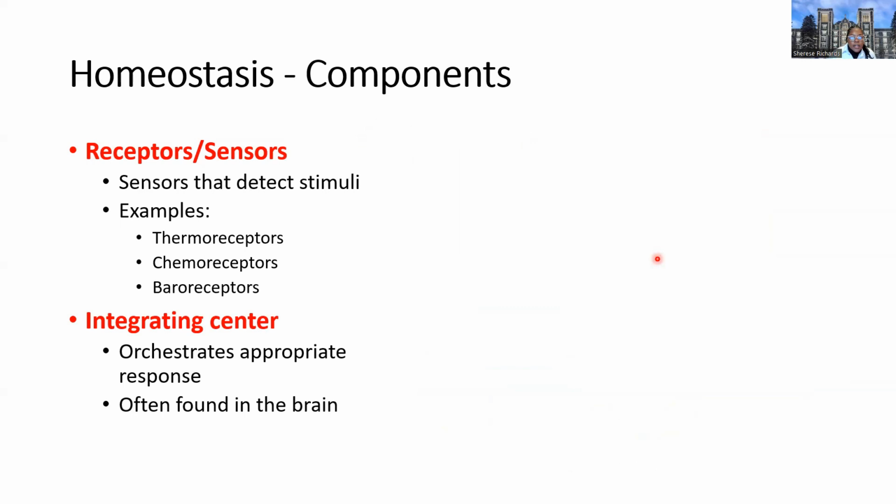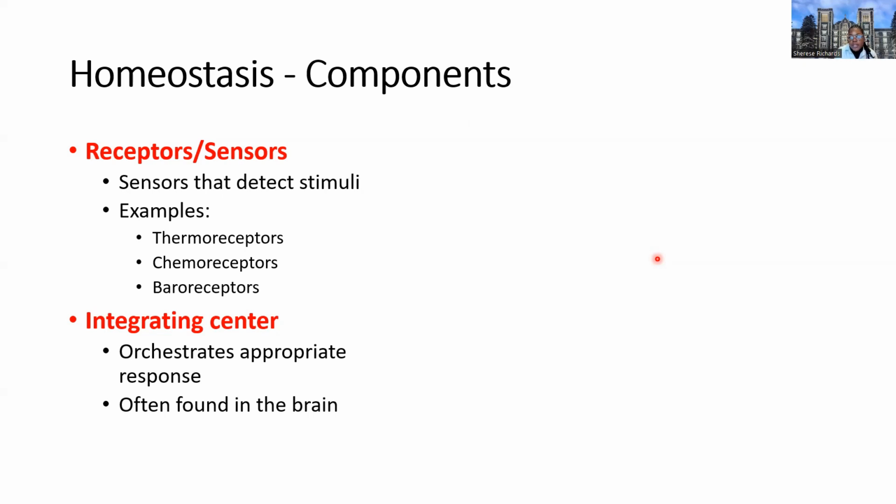So just to reiterate the description of these players. Receptors, also called sensors, detect the stimulus. Examples of these receptors can be thermoreceptors, which detect a change in temperature. Chemoreceptors detect a change in different chemical levels like sodium, potassium. Baroreceptors detect a change in pressure.